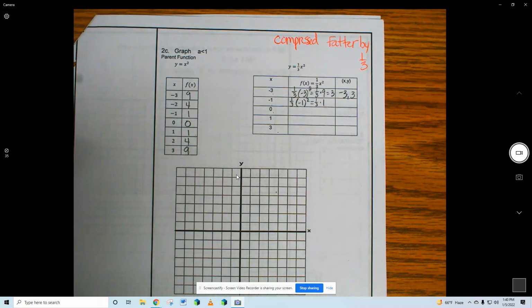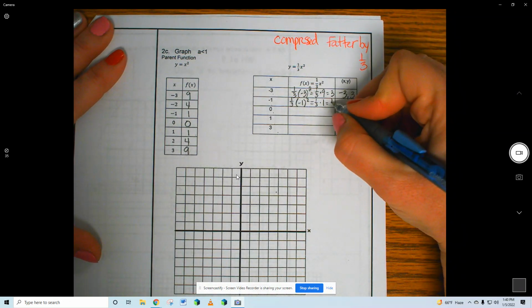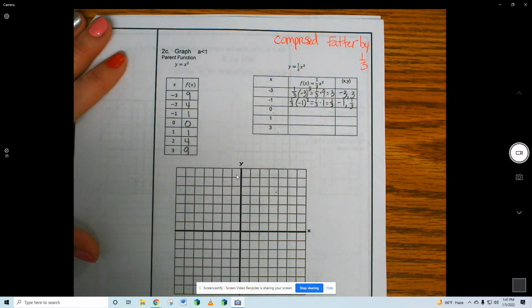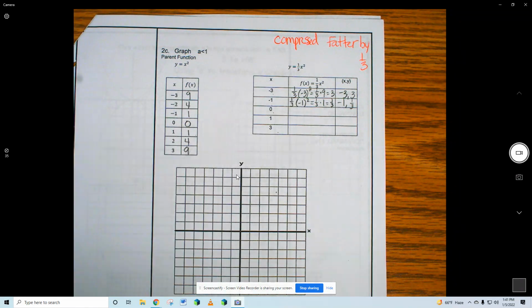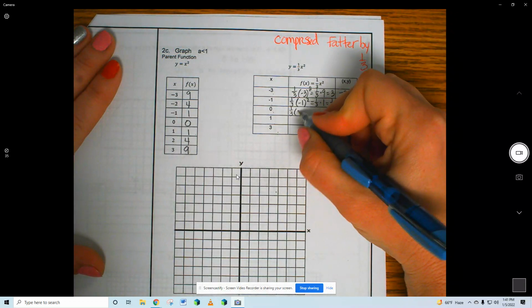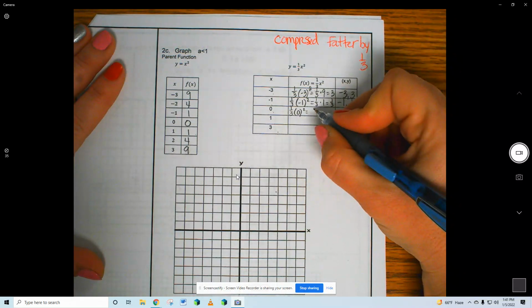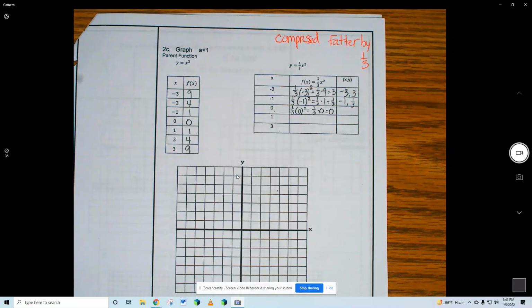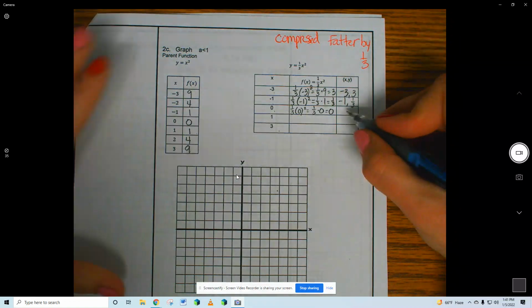It's hard with the negatives and positives. 1/3. -1, 1/3. You have to write small, huh? 1/3 times 0 squared. 1/3 times 0 is 0. That's going to be my vertex.